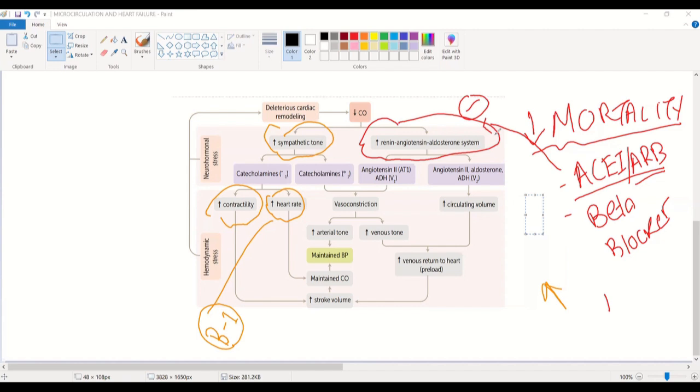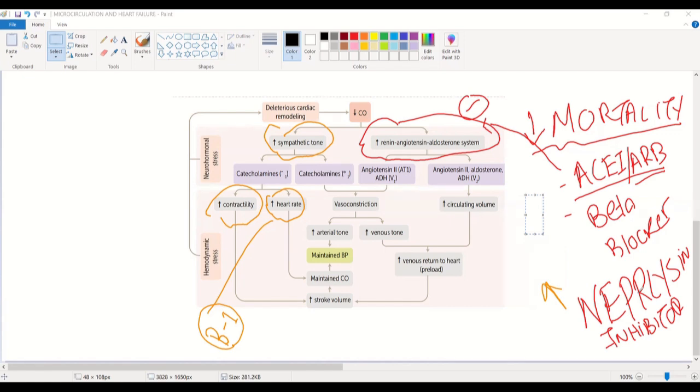And neprilysin inhibitors. This is a very, very high yield neprilysin inhibitor. Can anybody tell me the drug name of the neprilysin inhibitor? Sacubitril, absolutely right.